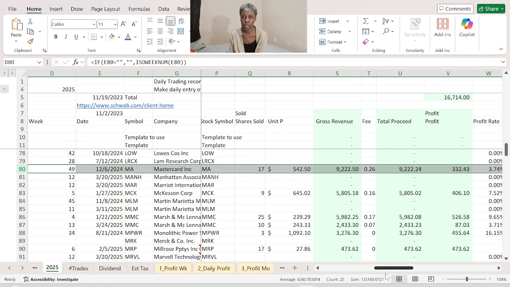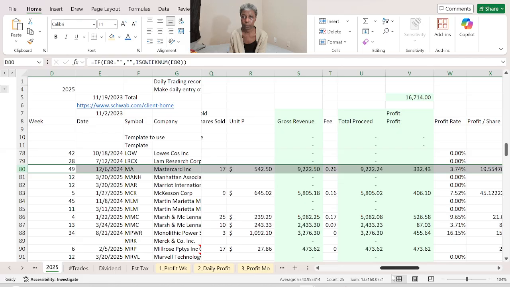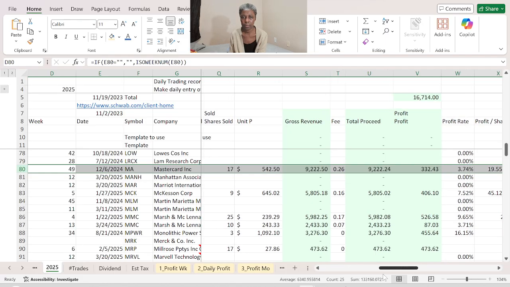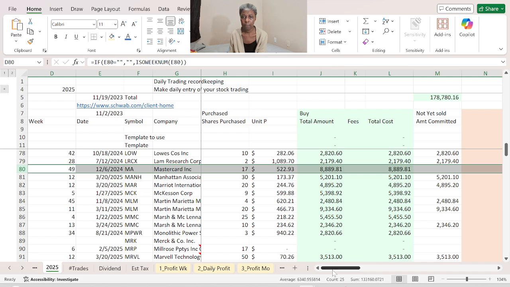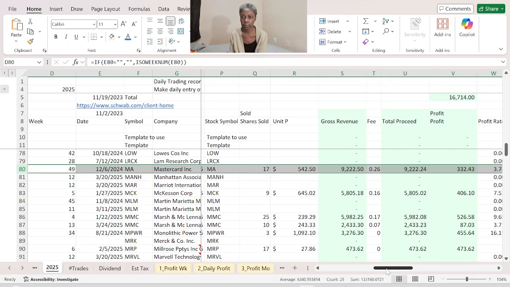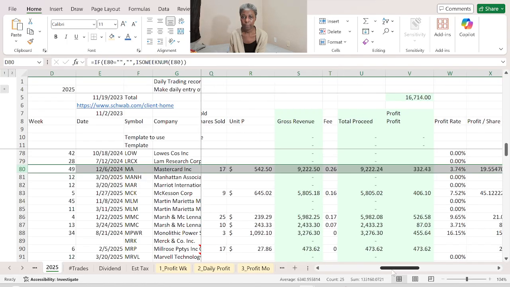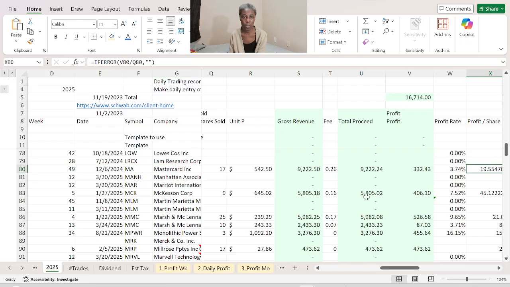About $20 profit a share, 522 and 542. So we made about $222 total profit. We paid 26 cents in fees, and we have about 3% return.